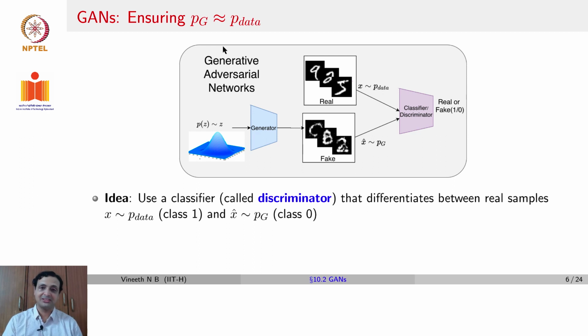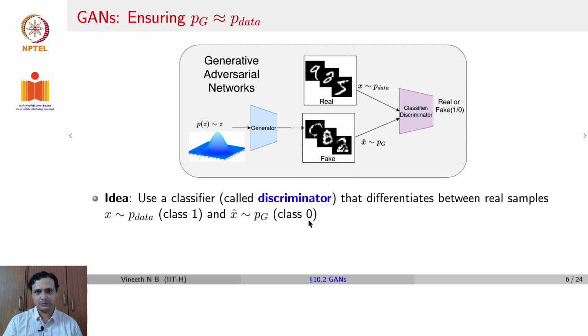To do this, the originators of this particular method, Goodfellow et al., had an interesting idea. They introduced a classifier called a discriminator, which we'll denote as D in this lecture, to differentiate between real samples and generated samples. So if data came from P data, it would be given class 1, and if data came from the generated distribution, that is, exactly coming from PG, then it would be given class 0.